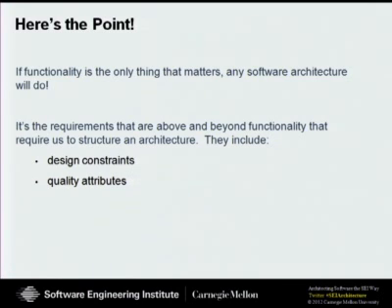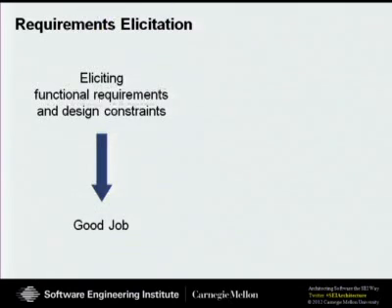The whole reason we even provide any structure to an architecture is to achieve things like modifiability, portability, interoperability, performance, usability. Okay, now, and certainly design constraints are important too, but here's the problem. People are generally good at figuring out what the functional requirements are.